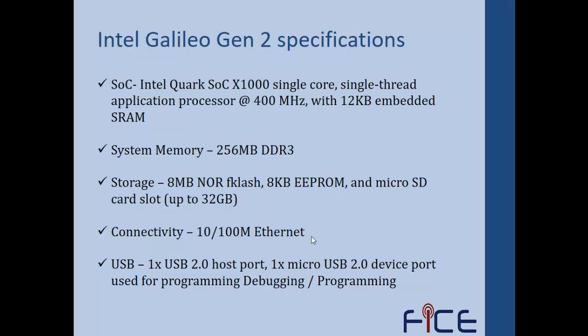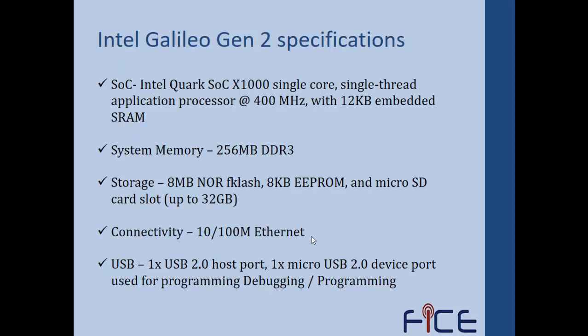It has 256 MB DDR3. The storage is 8 MB NOR flash, 8 KB EEPROM and a micro SD card slot of up to 32 GB, so we can install an SD card of up to 32 GB.